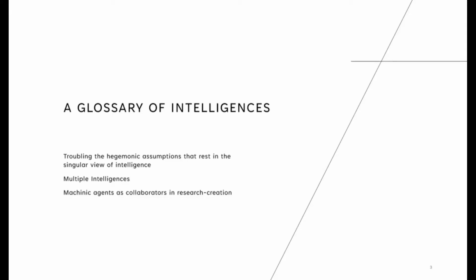So we started this project with the intention of composing an eclectic glossary of intelligences that would work to destabilize the hegemonic and normative hold on the conception of intelligence that is at work in the Western culture, for lack of a better term.